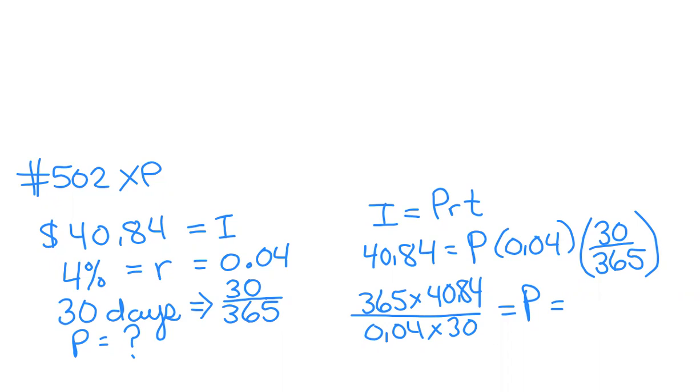So 365 times 40.84, and then divide by 0.04 times 30. I get the wrong answer.